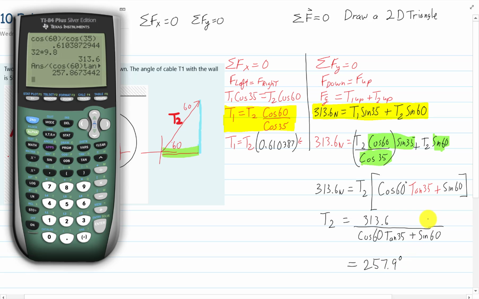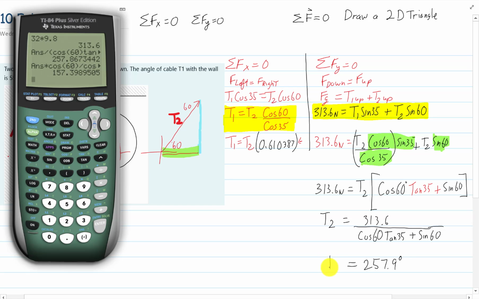Okay, and then you just plug that in up to here to get T1. I'm going to multiply T2 times cosine 60 divided by cosine 35, and I get T1.